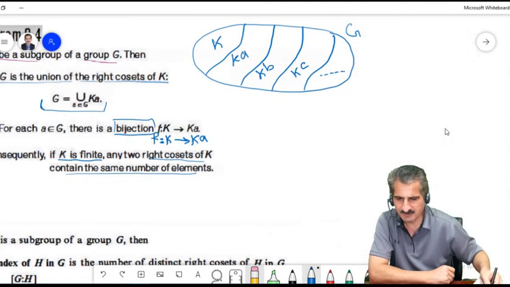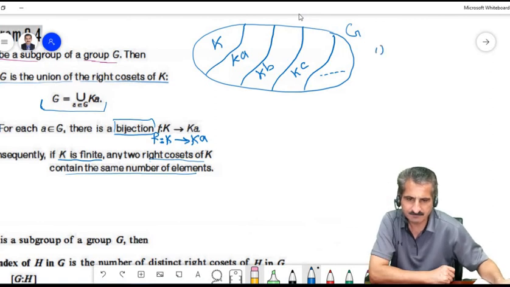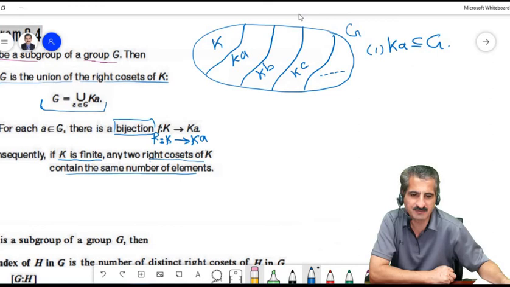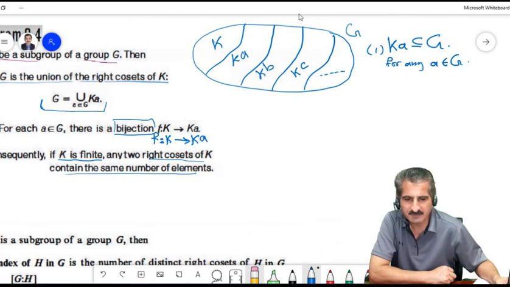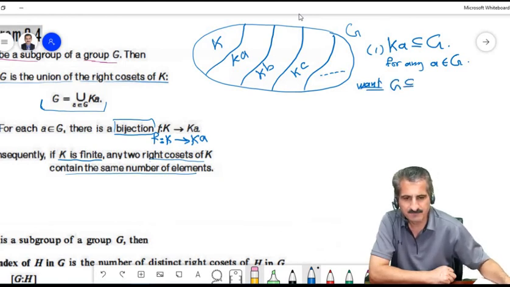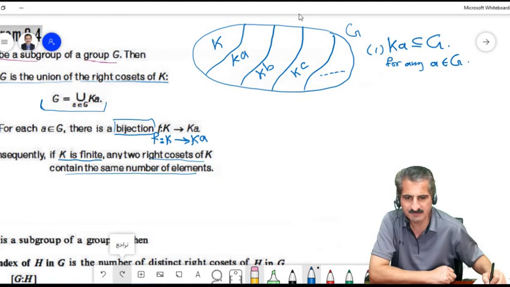Okay, so let's prove part 1. We know that Ka is always contained in G, right? Because K is a subgroup of G and a is an element, so when we multiply them, the product stays in G. So the right coset of any element is contained in G. So let me write one more step before I move on.